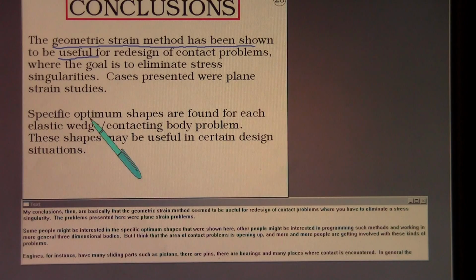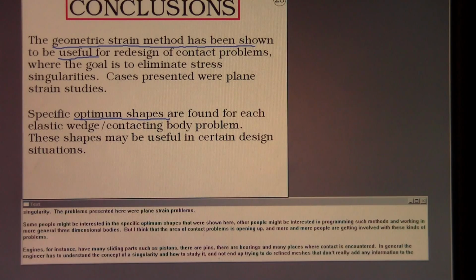Some people might be interested in the specific optimum shapes that were shown here. Other people might be interested in programming such methods and working in more general three-dimensional bodies. But I think that the area of contact problems is opening up, and more people are getting involved with these kinds of problems.